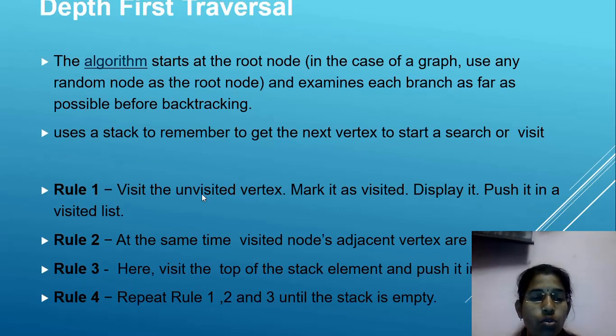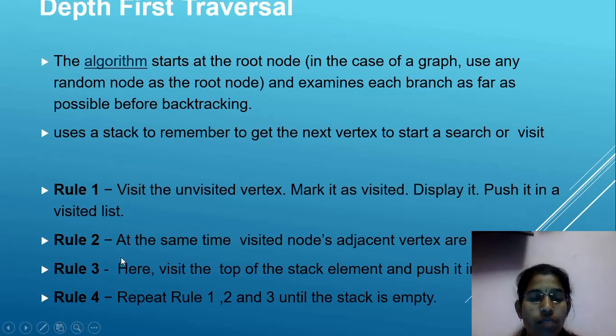In step 2, after completing one node, we find the adjacent nodes of the visited node. Adjacent means the nodes connected with the visited node. We find the adjacent nodes and insert them into the stack. The visited node is inserted in the list, and adjacent nodes are listed in the stack.